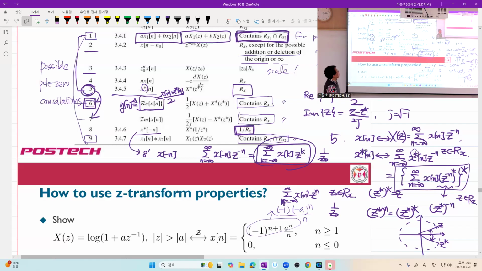So what we do is that here we use differentiation of the Z transform as a function of z. And you know how to differentiate a logarithmic function as far as they are real.